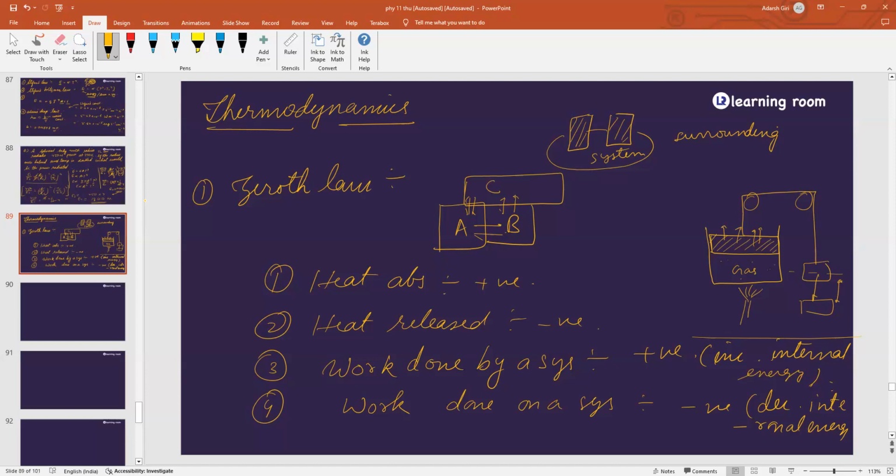Got it or not? So basically, physics is something that believes in working by itself.